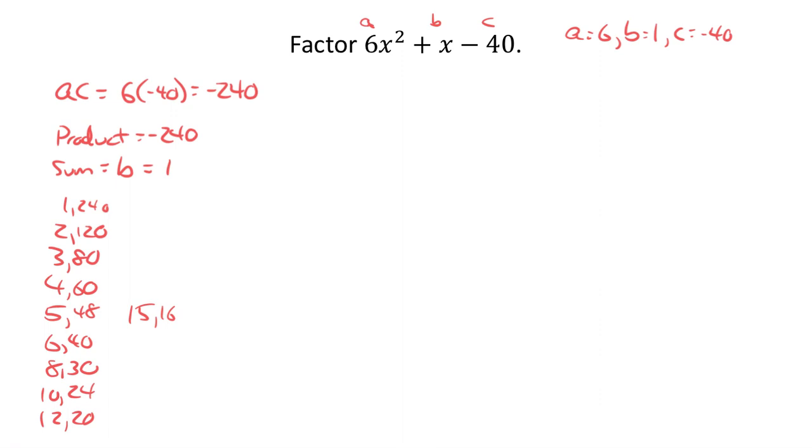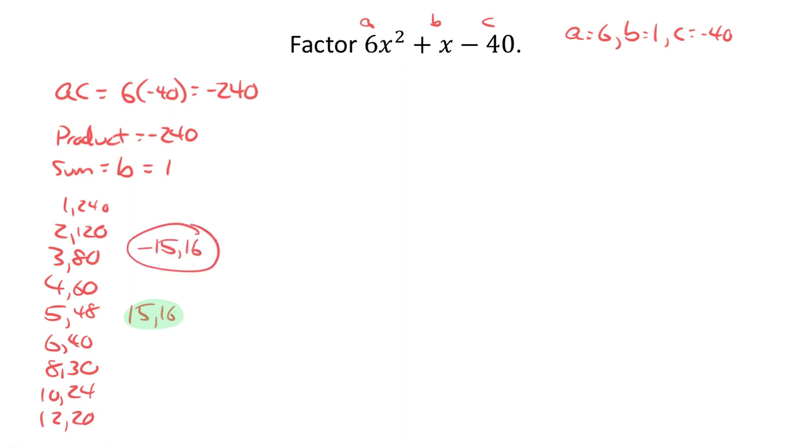But remember, I said we were looking for two numbers whose product was negative 240, so one's going to have to be positive, one's going to have to be negative, that add to be positive 1. And these two numbers that we just found are going to do what we need them to do, 15 and 16. If I do a negative 15 and a positive 16, we'll get the numbers we're looking for.